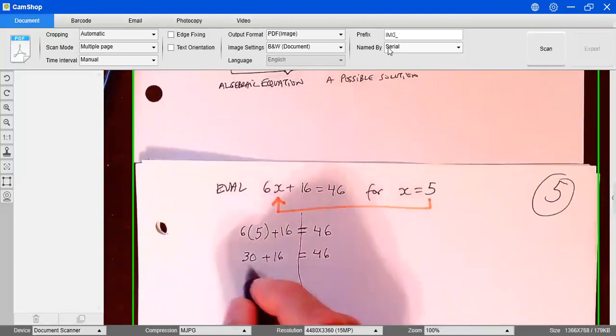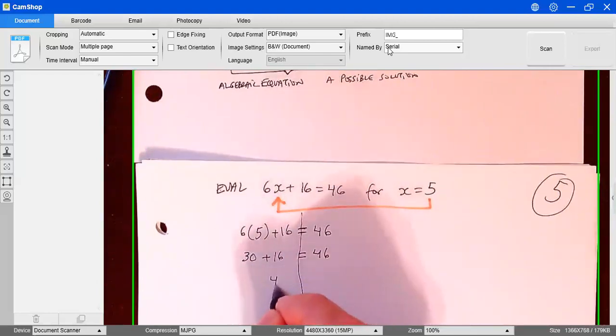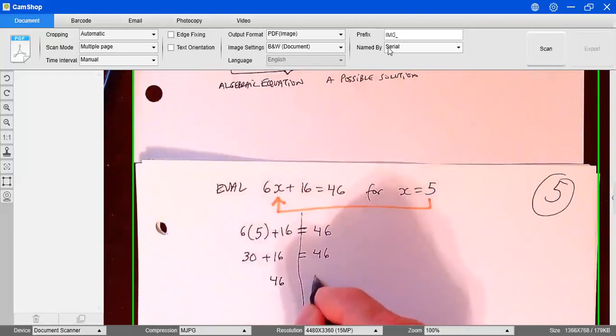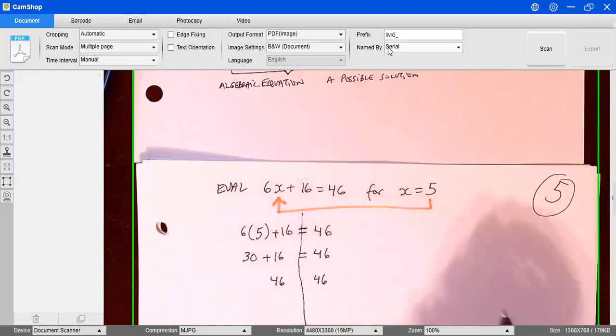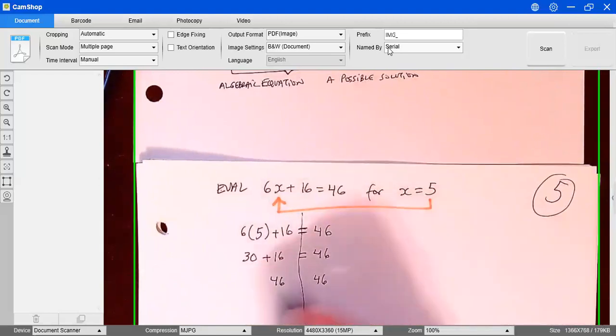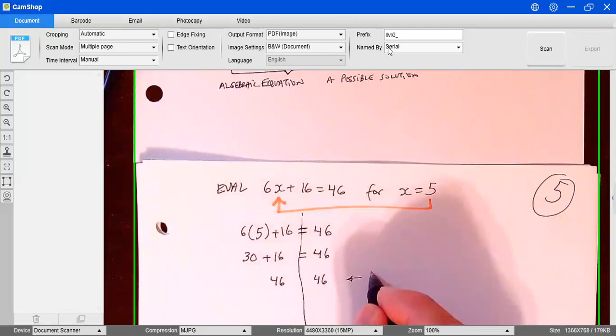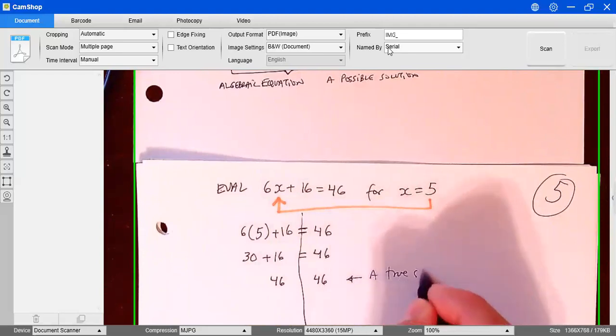So 30 plus 16 is going to be 46, and 46 is just 46. So in this case, you can see, wow, this is true. This is a true statement.